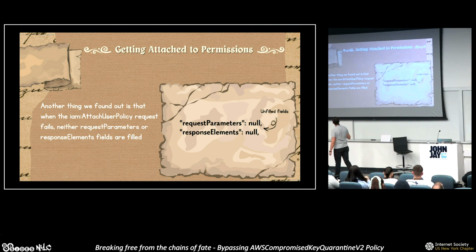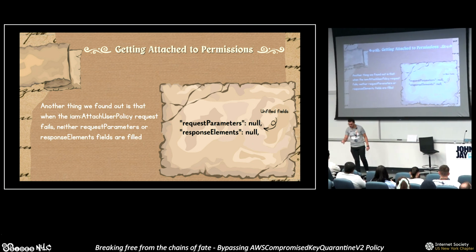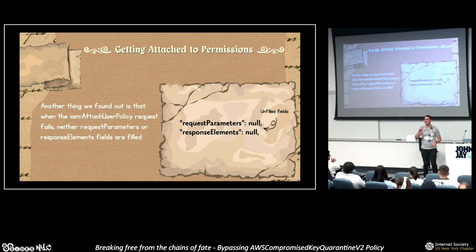So what they do is attach the policy using the leaked credentials' privileges. Meaning, if the leaked credential doesn't have access to attach a policy on itself, they will not be able to attach this policy to the account. That's how it works. We even tested that. I don't know if they have fixed it now, but when we disclosed it, that's how it was.